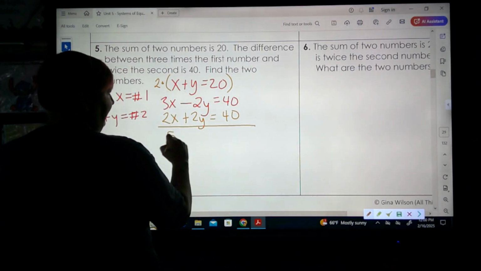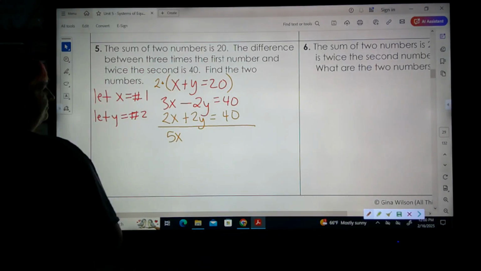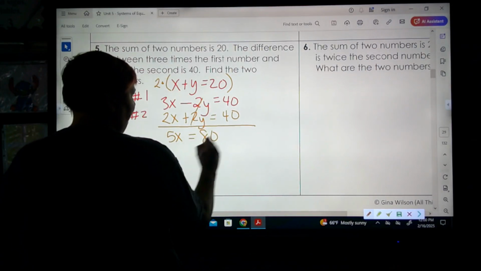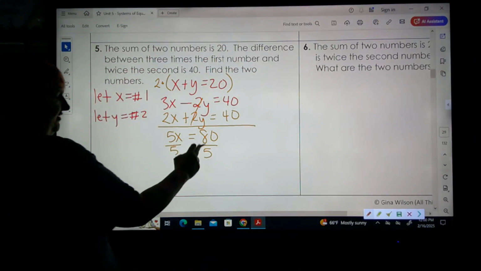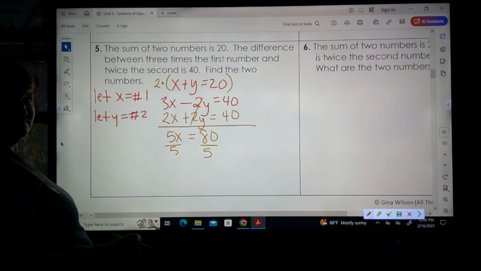So we have 5x equals 80. Divide by 5. 80 divided by 5 is 16.